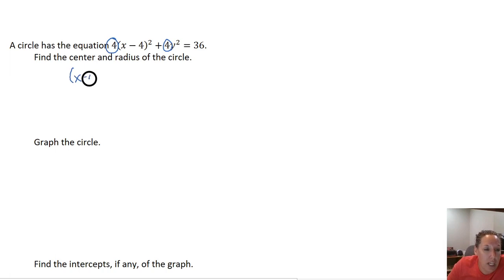When we do that, we'll get (x minus 4) quantity squared plus y squared equals 36 divided by 4, which is 9. Our center is going to be the opposite sign, so this is a minus 4, the opposite sign is going to be 4. Remember, our form is always x minus h, where h is our x coordinate.